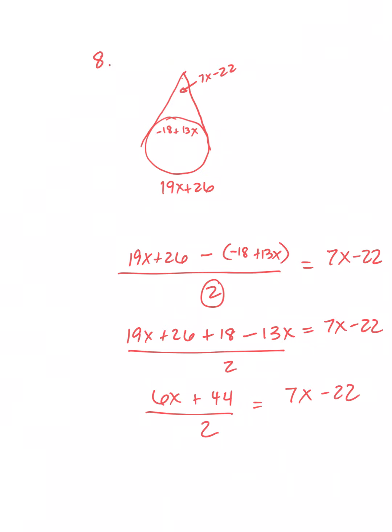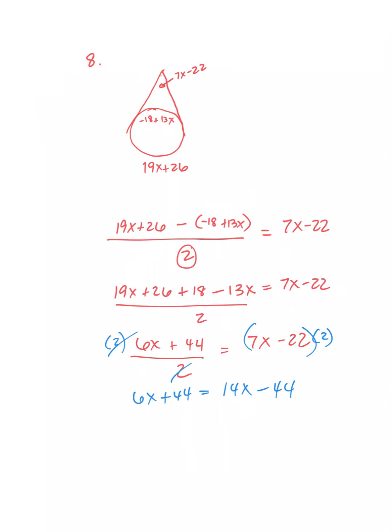If we multiply both sides by 2, these two bite the dust, we get 6x plus 44 equals 14x minus 44. So we subtract 6x from 14x and we get 8x over here, and we add 44 to the other 44, we get 88 here. So x equals 11 again.